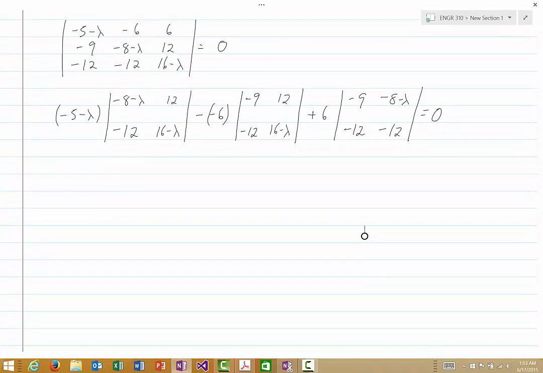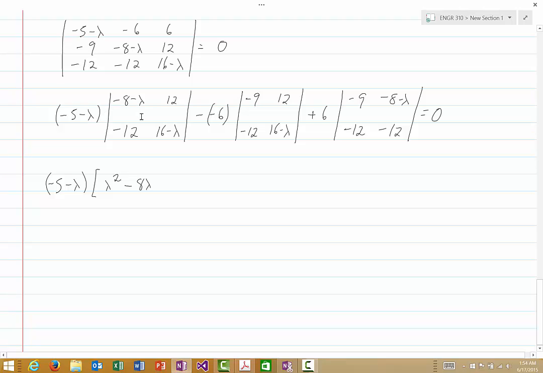So now this gives us -5 minus lambda times, okay, when we multiply -8 minus lambda times 16 minus lambda, we will get lambda squared. And then we will also have a -8 times negative lambda, so that's +8 lambda, minus 16 lambda, so we have -8 lambda.